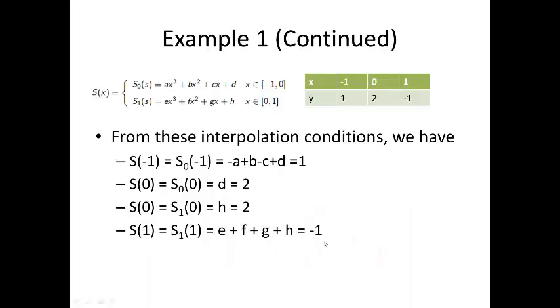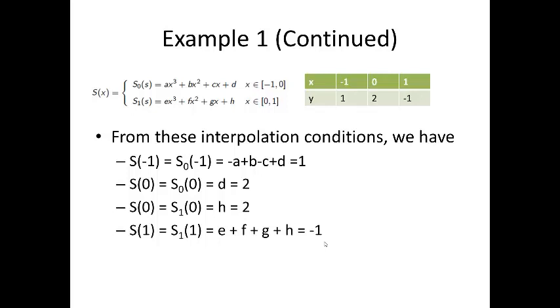Well, from these interpolation conditions, we have s of minus 1 is equal to s0 at minus 1, which is minus a plus b minus c plus d, and that's equal to 1.